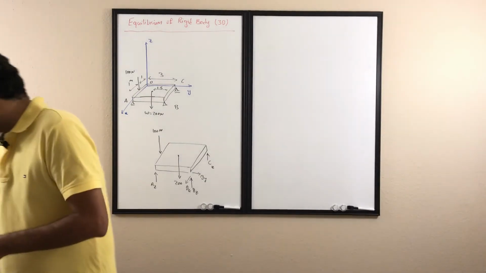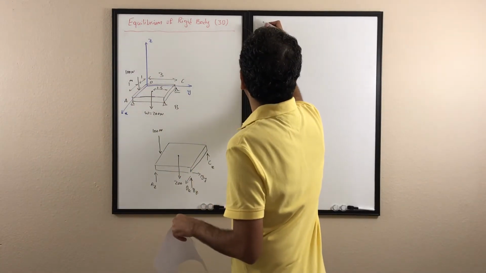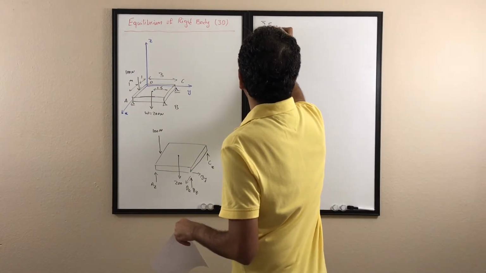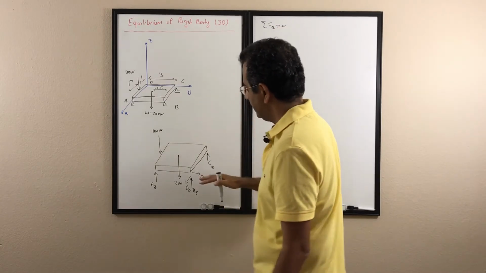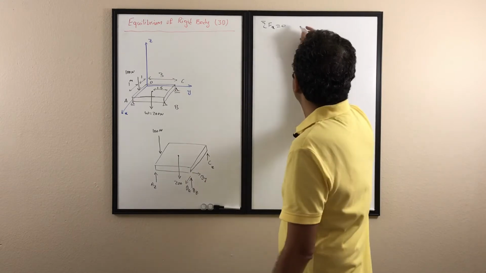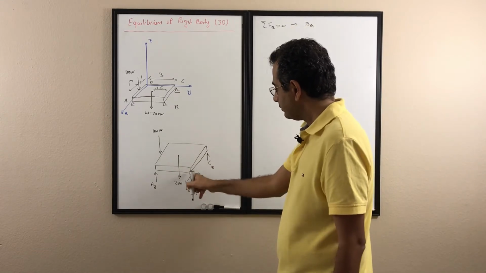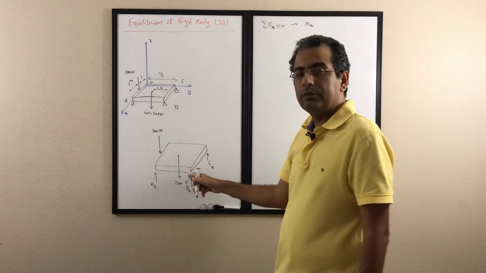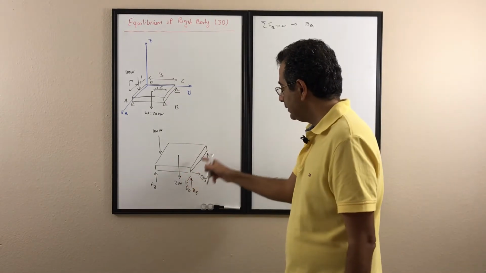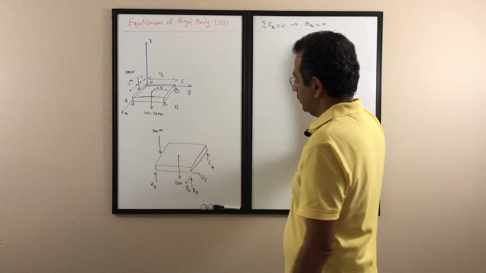So I will start to write the equations. The very first thing I would write is sigma Fx is 0. If I write sigma Fx is 0, the only force I have in the x direction is BX. There are no other forces here, so BX is 0.